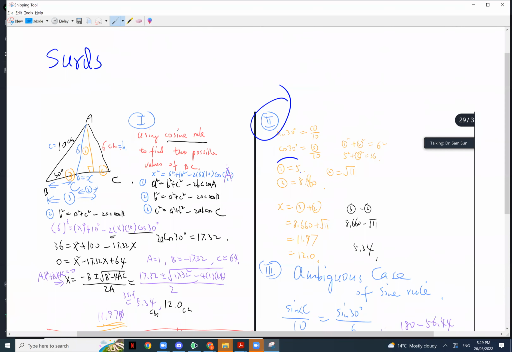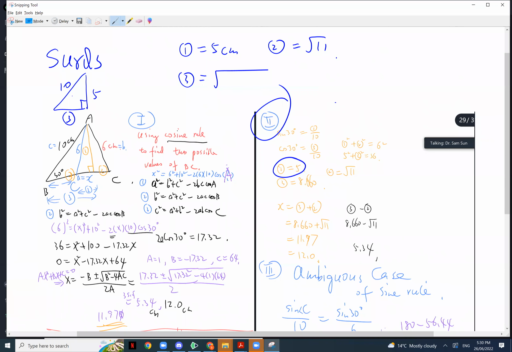Number 1, we got 5. You need to put the calculator aside now. Number 2, we got the square root of 11. Guys, in this triangle, here's 5, here's 10. What's number 3?